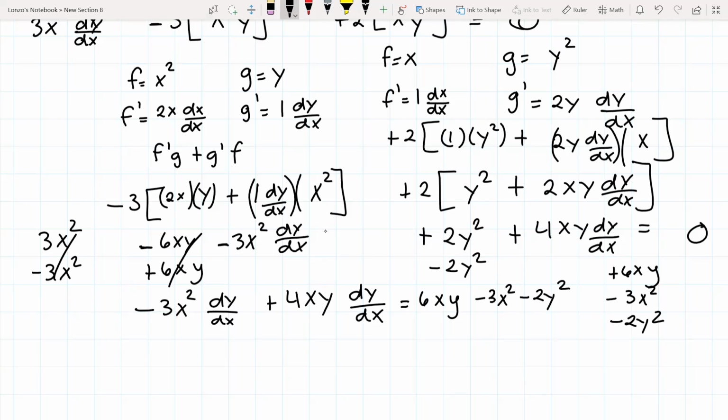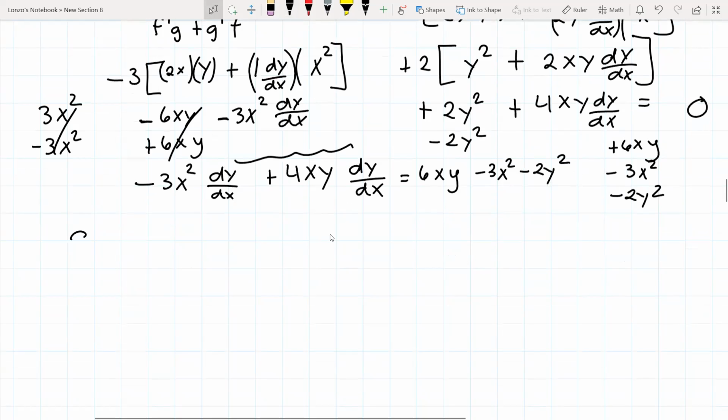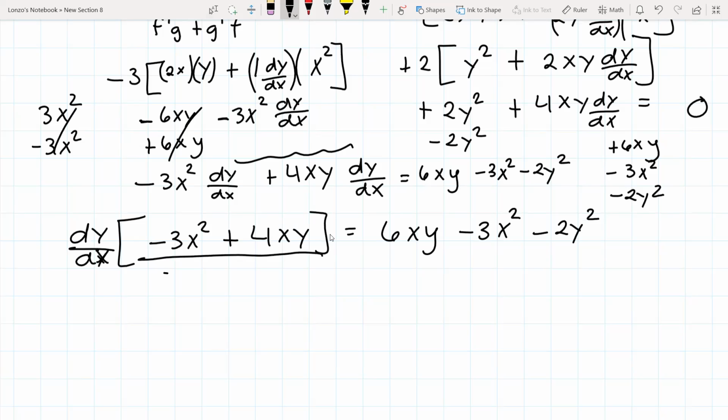Then factor out a dy dx on the left side. So let's do that. Factor out a dy dx, and you get negative 3x squared plus 4xy bracket equals 6xy minus 3x squared minus 2y squared. Then just solve for dy dx by getting rid of this thing.